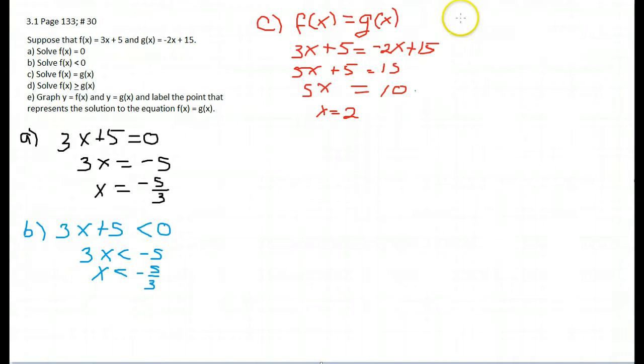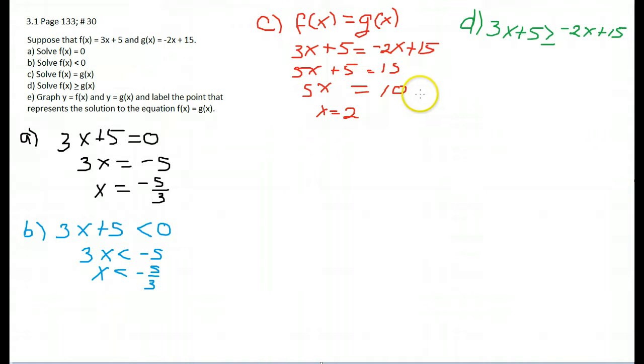So we'll put part D up here. F of x, which is 3x plus 5, we want it to be greater than or equal to g of x, negative 2x plus 15.